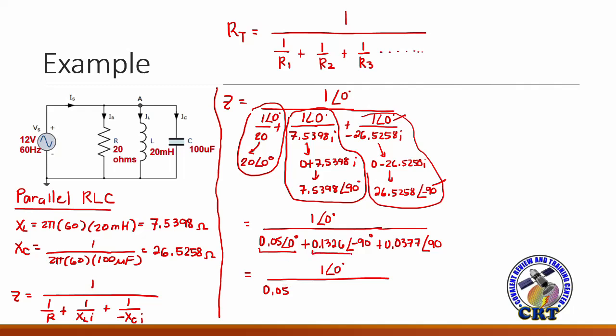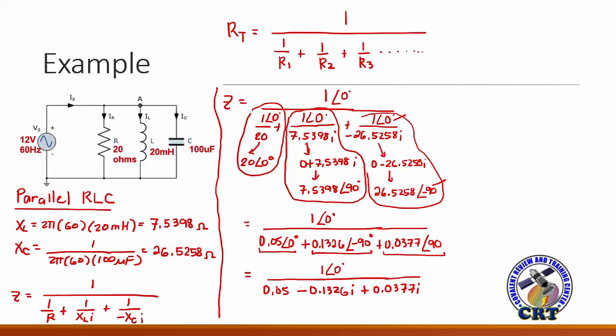For the second part, this has a 0 real part, but the imaginary part is negative, so this is negative 0.1326i. For the third part, converting to rectangular form, this is equivalent to positive 0.0377i. So no real part.